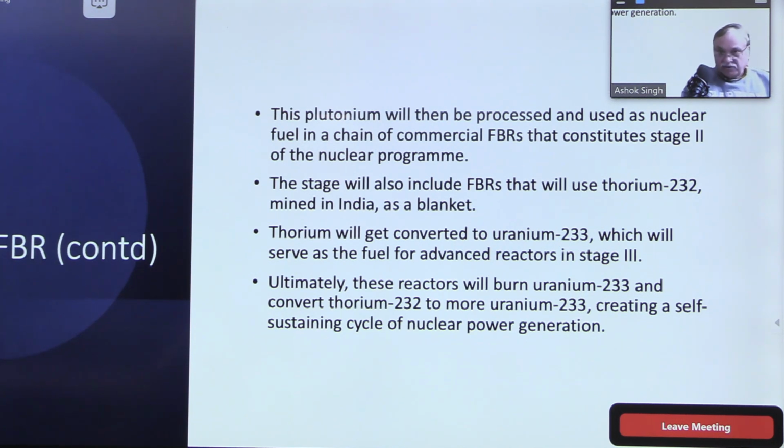So all this is part of the importance of the prototype fast breeder reactor that we will be discussing.